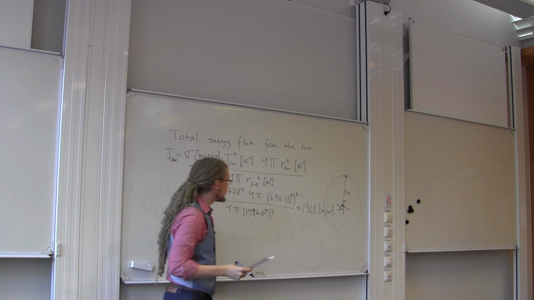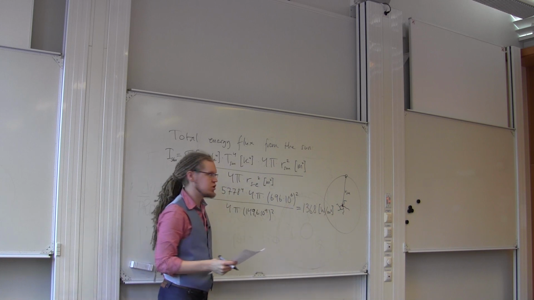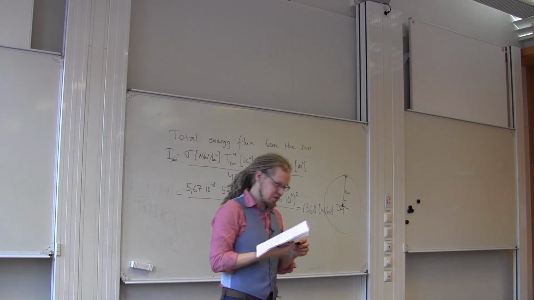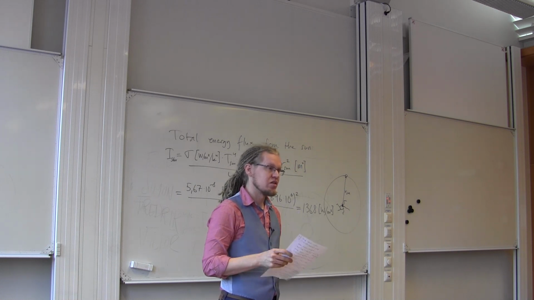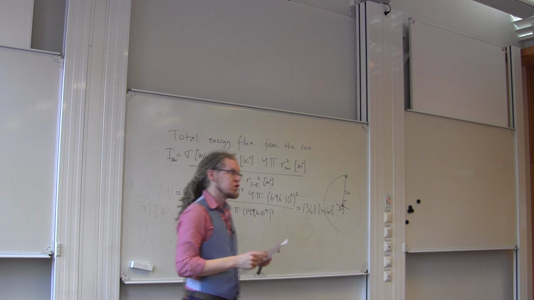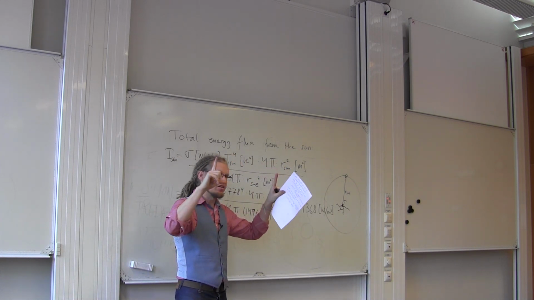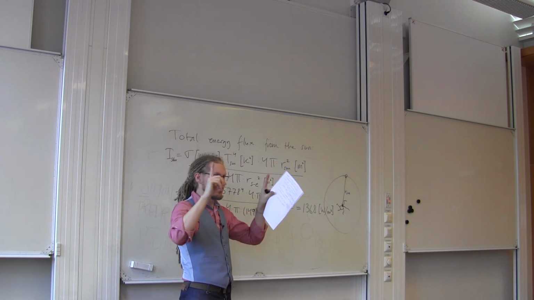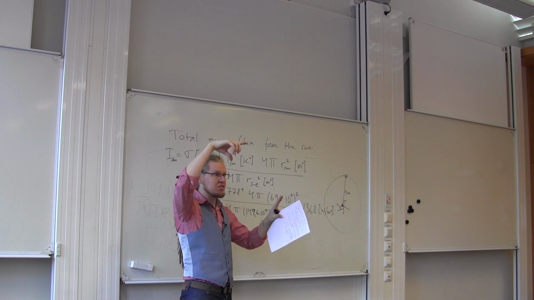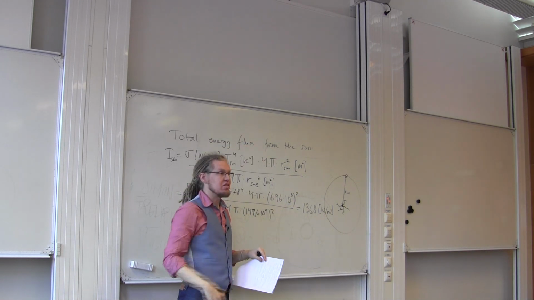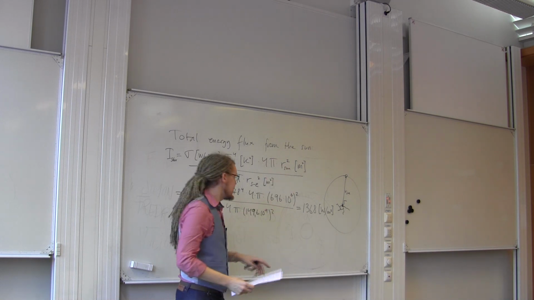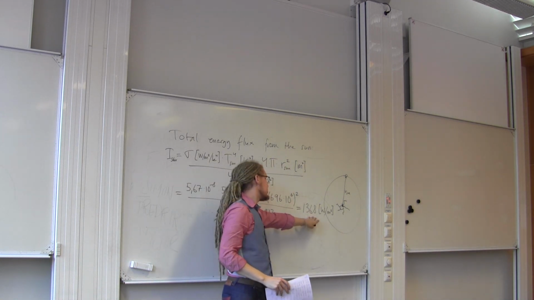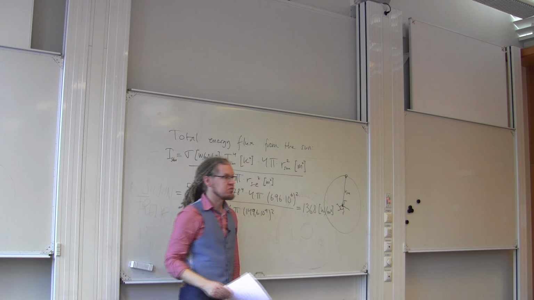So the answer we get is 1368 watts per square meter. So that is what you sometimes call the solar constant. If you measure the solar radiation that flows through 1 square meter at the top of the atmosphere on Earth, when it's facing the sun, perpendicular to the sun, then that's 1368 watts per square meter.